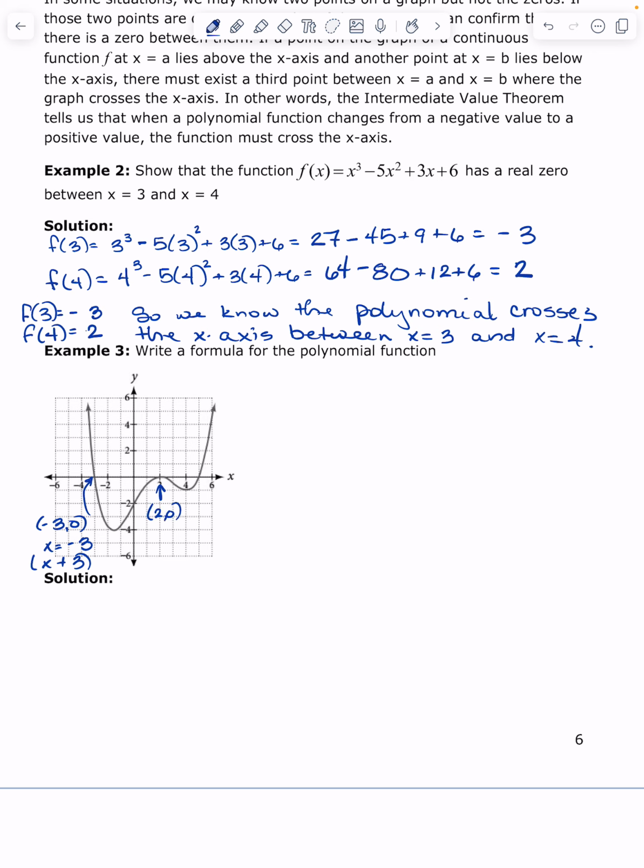I have 2, 0 here, which means x equals 2, which means x minus 2 is the linear factor that goes with that. And I've got 5, 0 here. x equals 5. x minus 5 is a factor.